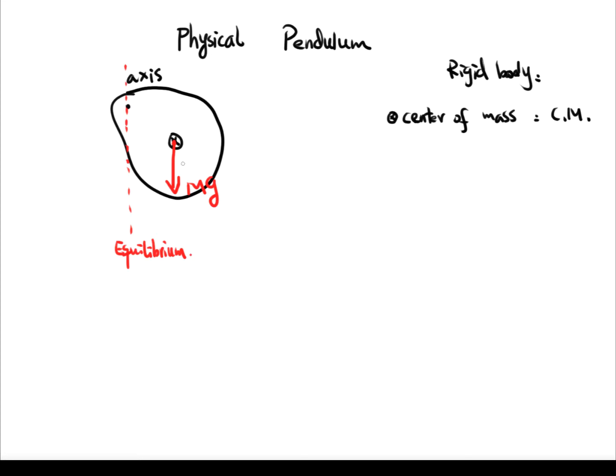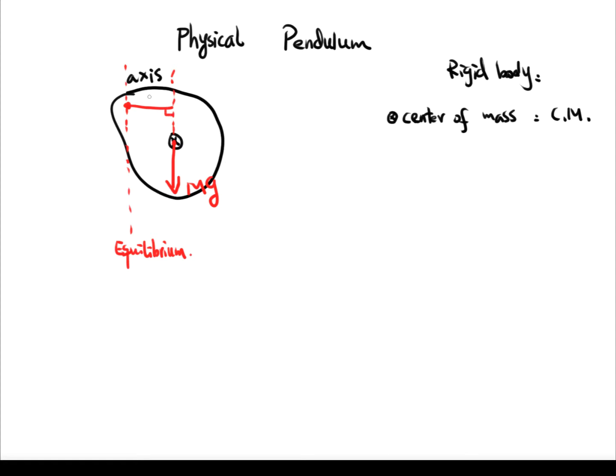But because we are talking about rotation, let's think about the torque due to gravity with respect to the rotation axis. We need to draw a vertical line from the rotation axis to the gravity direction.